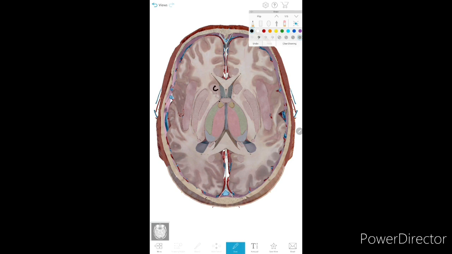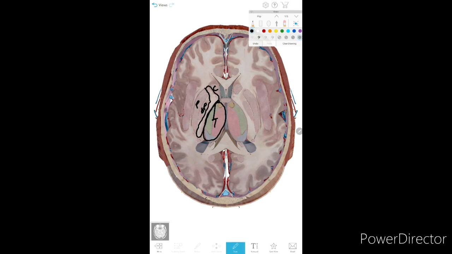This whole structure is the thalamus and this is the lentiform nucleus. This is the globus pallidus part of the lentiform nucleus and this is the putamen part of the lentiform nucleus. And here is the internal capsule.